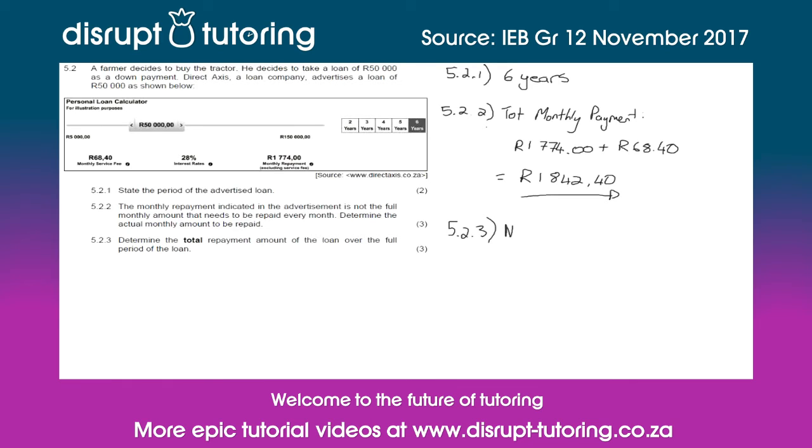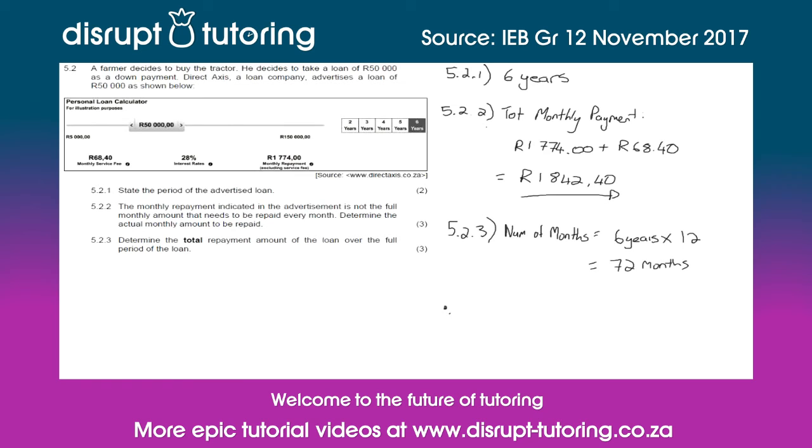So number of months equals your 6 years multiplied by 12, because there are 12 months in a year. So in your calculator, 6 times 12 is 72 months.